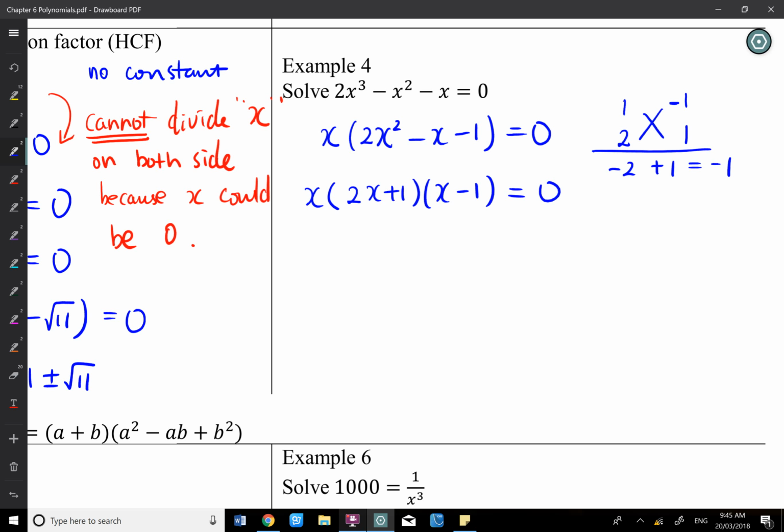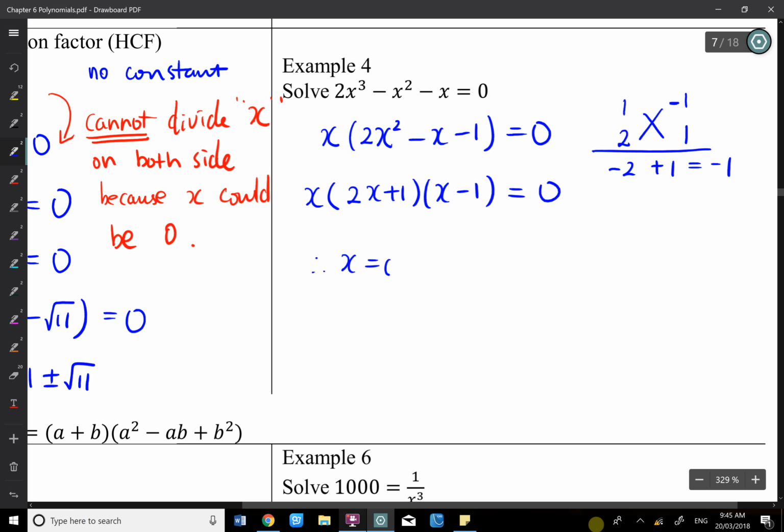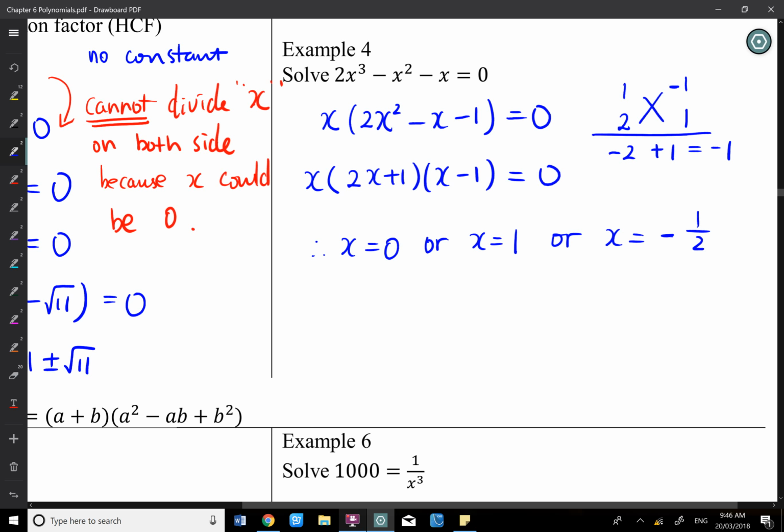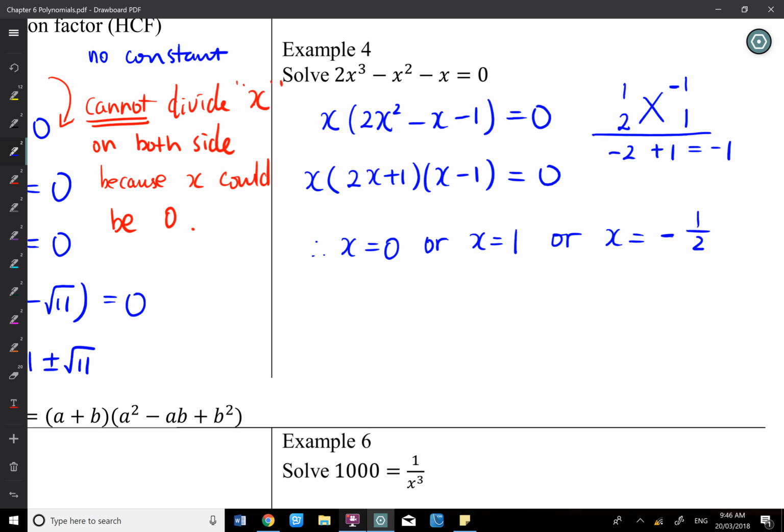You don't need to go for completing the square. So we have x equals to 0 or x equals to 1 or x equals to minus 1 on 2. Questions?